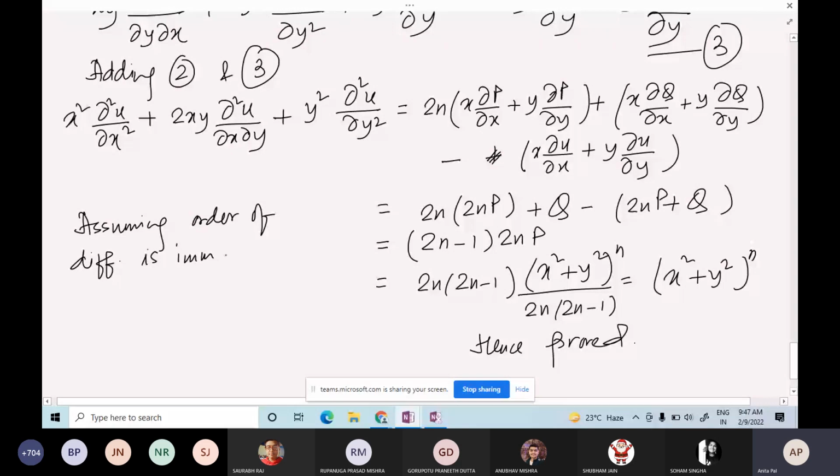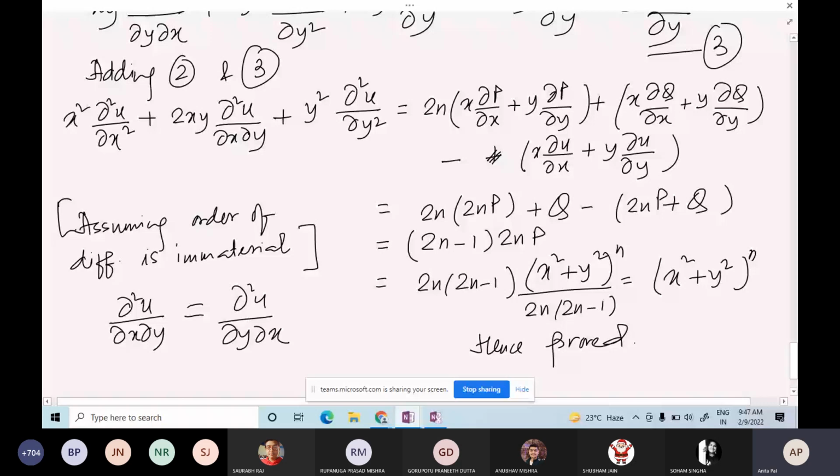We have not taken care of the order here. We have assumed they are equal. Only then we could add them.